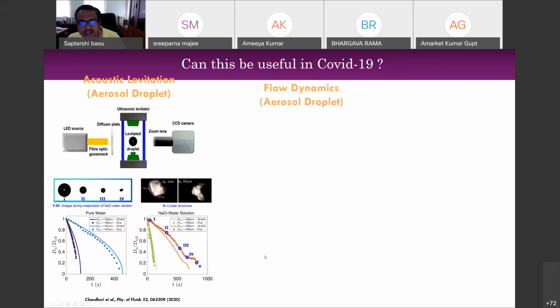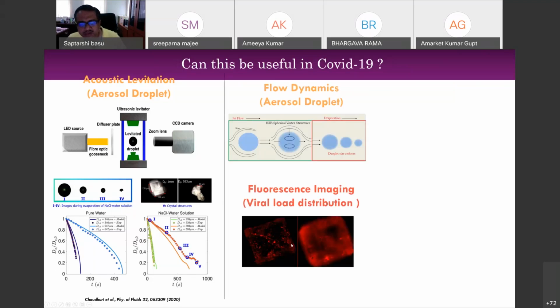So this is basically kind of like a D-square model. Okay, and then what we did, cleverly, is that we added virus-like particles. Basically, these are fluorescent particles inside the levitated droplet at the same viral loading. And what we see in the crystal is these lighted up crystals.